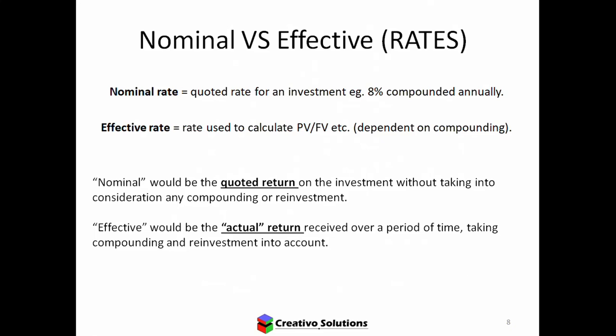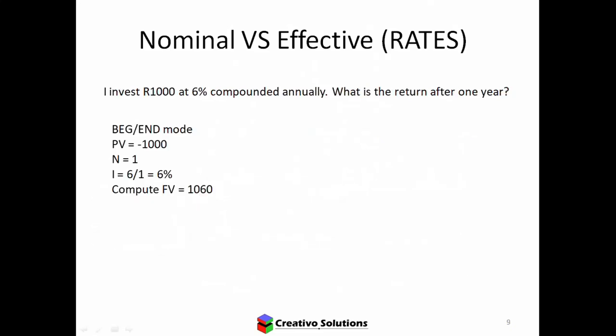Just remember, when looking at nominal, it's quoted. You're not going to be using quoted returns in calculations. When you're doing time value of money calculations, you're definitely going to be using the effective rates. So the effective rate is what you actually need when doing calculations with time value of money. You need to take that compounding into consideration.